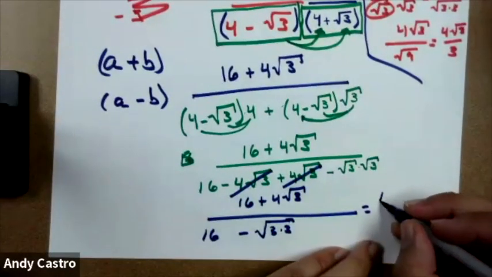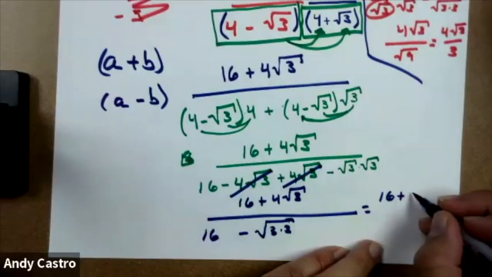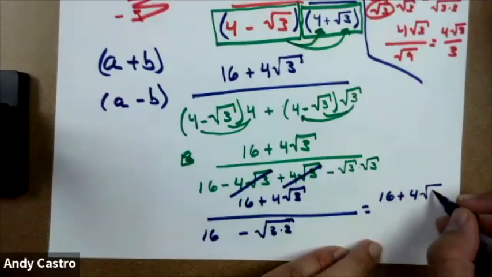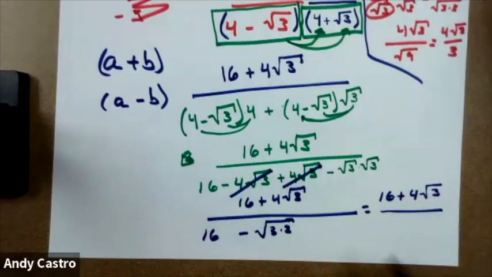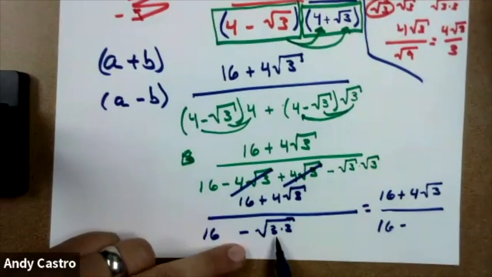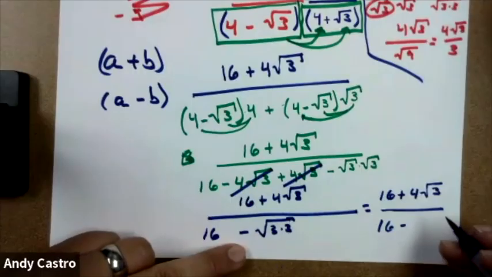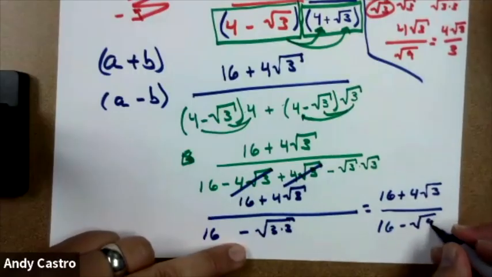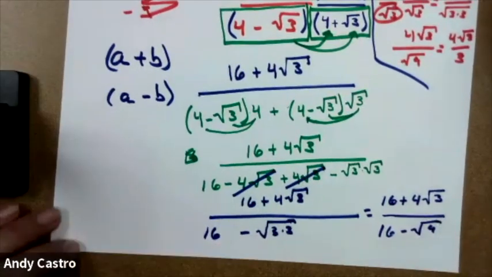The numerator, I have 16 plus 4 root 3. Down here, 16 minus the square root of 3 times 3. Well, that's the square root of 9, which is 3.